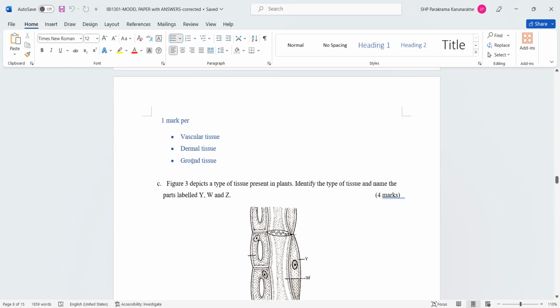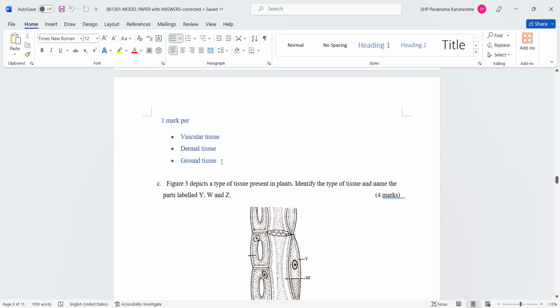Dermal tissue is the outermost tissue which gives protection, right? And then the ground tissue is there. Ground tissue can have several functions. For example, in some plants, ground tissue has chloroplasts, so it can do photosynthesis also.